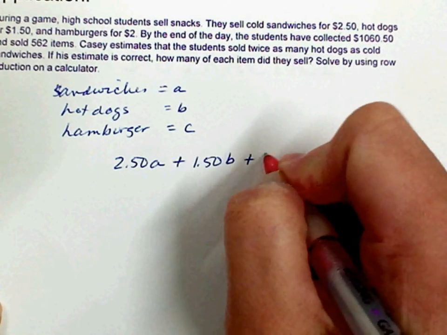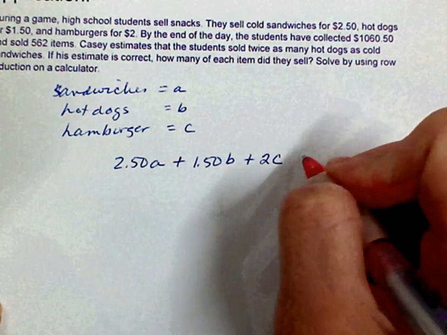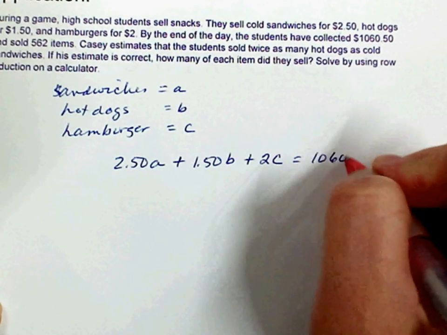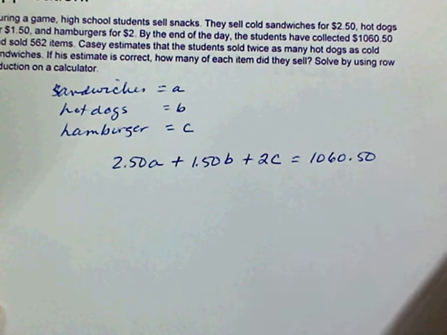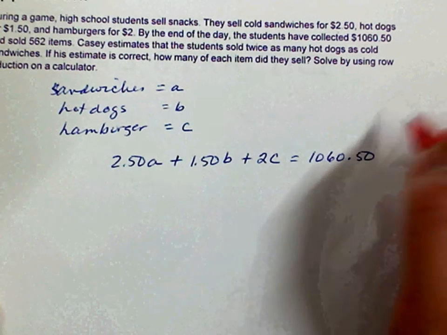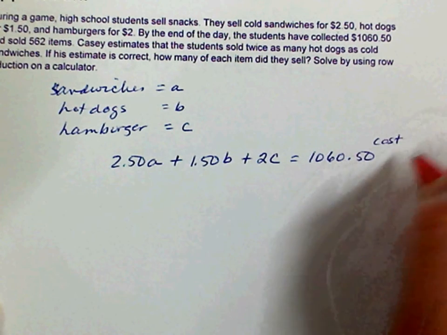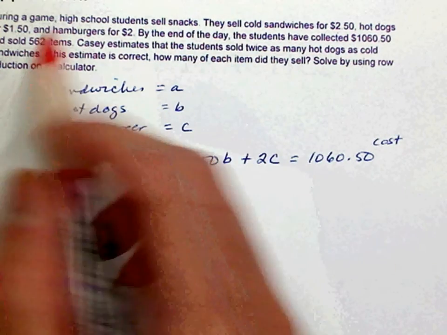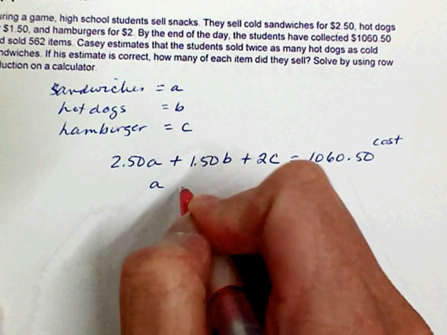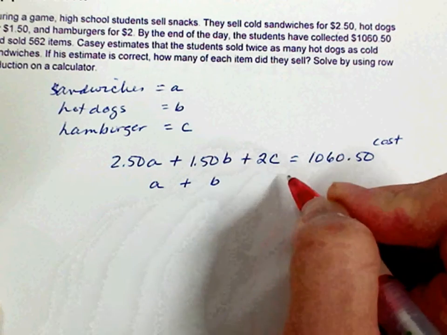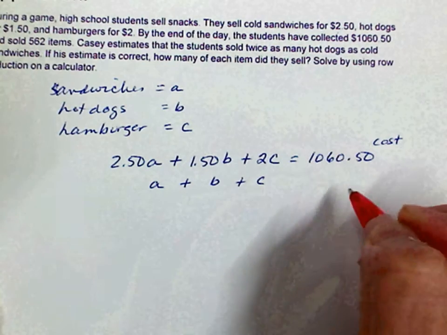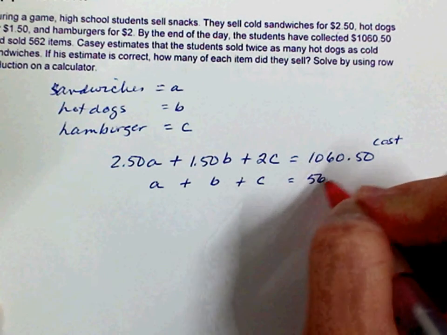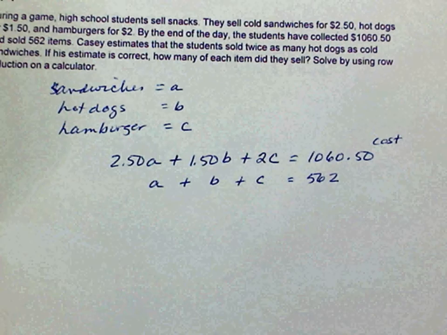Plus $2 for a hamburger, and the total I made was $1,060. All of these are the cost, the value. They also said they sold items, so number of items: I sold sandwiches, hot dogs, and hamburgers, and I sold 562 items.